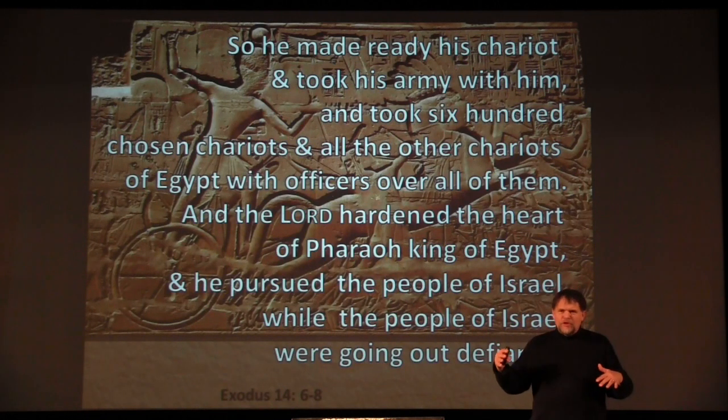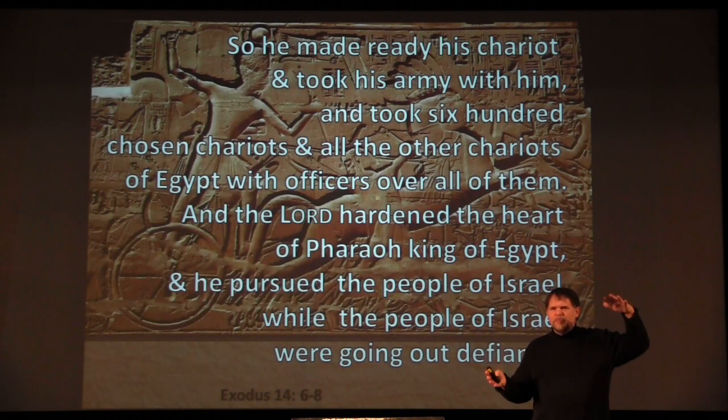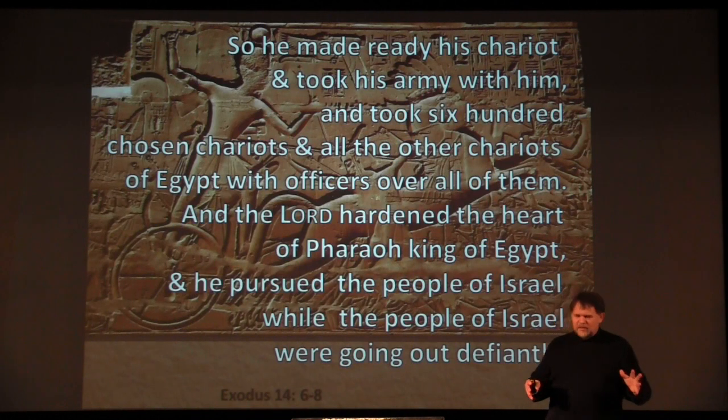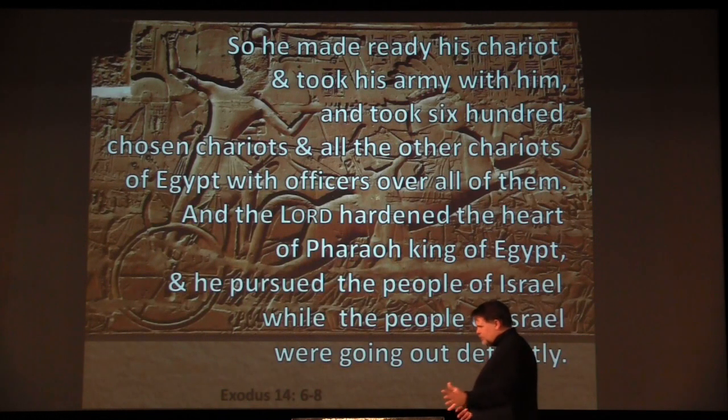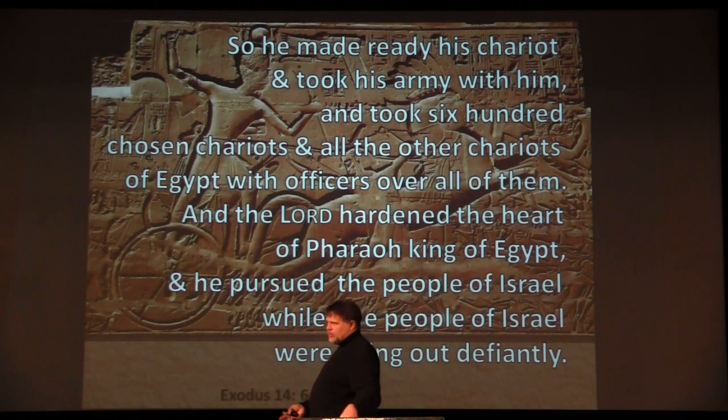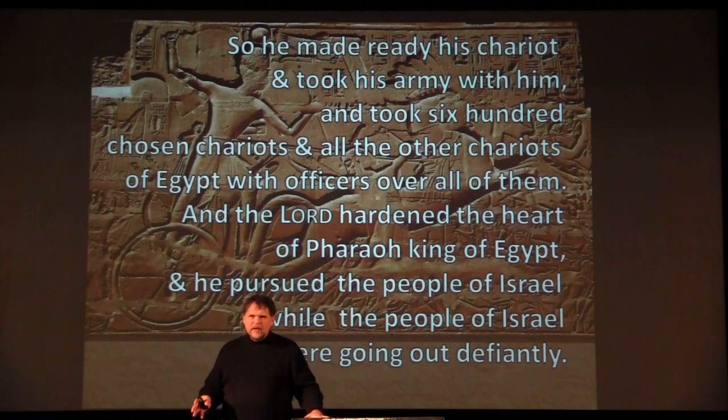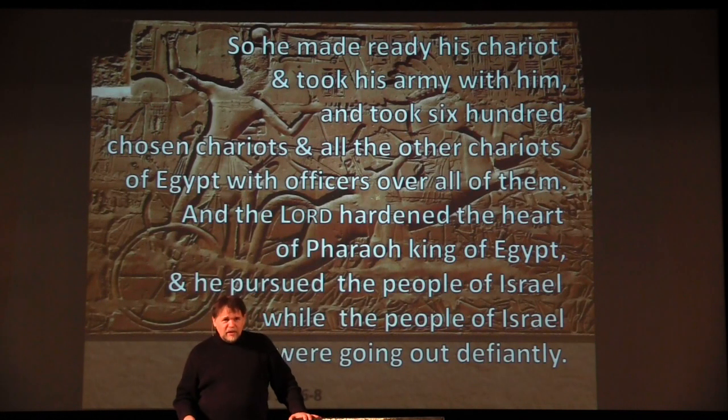And after the third plague, God just keeps on doing stuff, and the magicians of Egypt, the sorcerers, the people who had the magic arts or dark arts or whatever kind of things they were doing, they couldn't keep up with God.